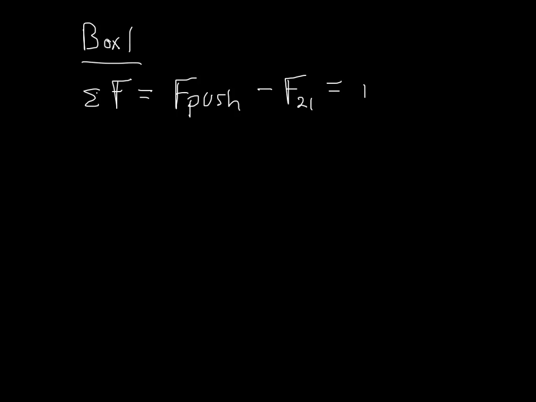That's going to be equal to the mass of box 1 times the acceleration. Do we know how fast it's accelerating? 1.2. Yeah, so we know a. Do we know how big the mass is? Mass 1? Yeah. Do we know F push? Yes. So the only thing we don't know is F21. We can solve this for F21 and find the force of box 2 on box 1.